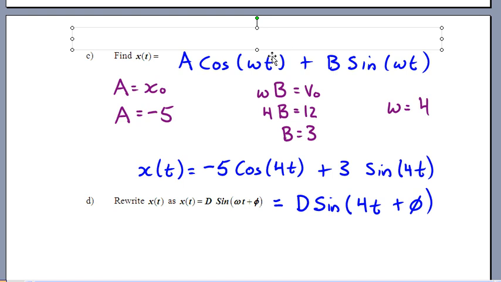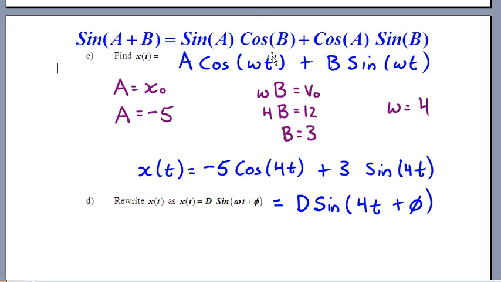I'm going to use this trig identity, and you might want to scribble that down at the top of your page up there. The one from Math 12 that says the sine of a plus b is sine a cos b plus cos a sine b. And I'm going to look at this d sine 4t plus phi, and I'm going to treat that kind of like that trig identity up there.